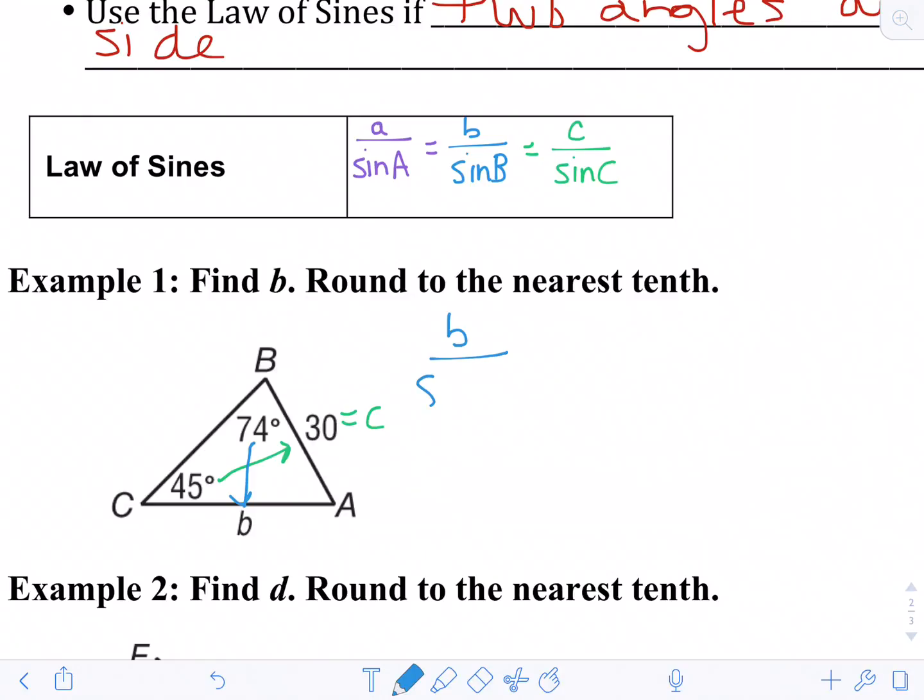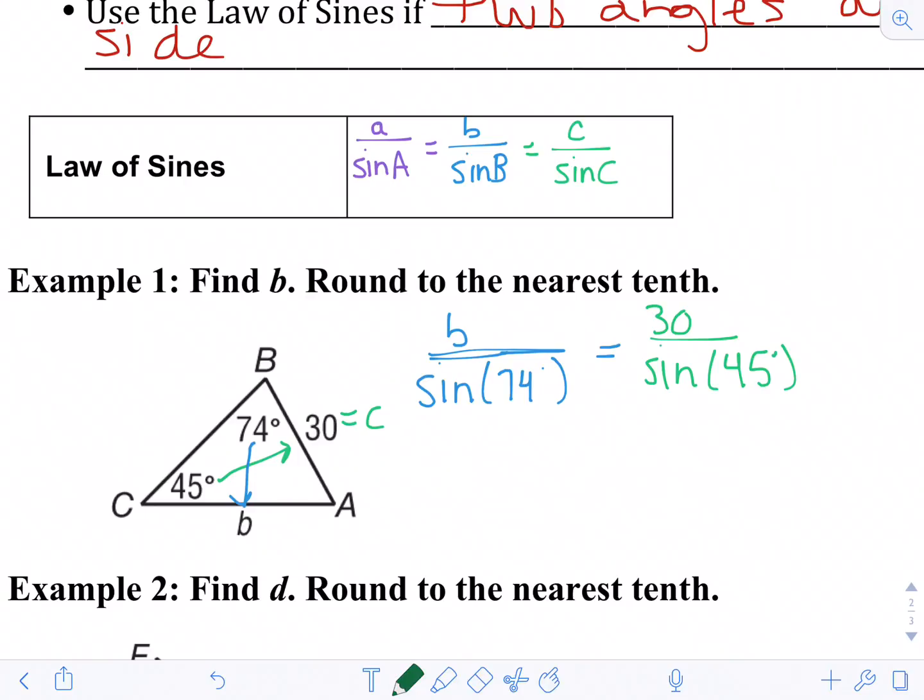I do know the angle of B, that's 74 degrees. That's going to be equal to c, which is 30, over sine of 45 degrees, because that's what angle C is equal to.